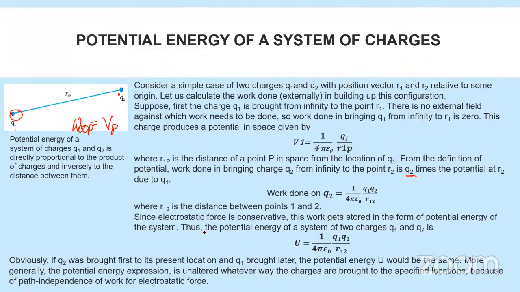So the potential energy of this system, where we have brought two charges from different points to this point, is given as 1 by 4 pi epsilon 0 q1 q2 by r12. Now suppose you had brought q2 first. The potential in space due to that work would have been V2 equals 1 by 4 pi epsilon 0 q2 by r2P.